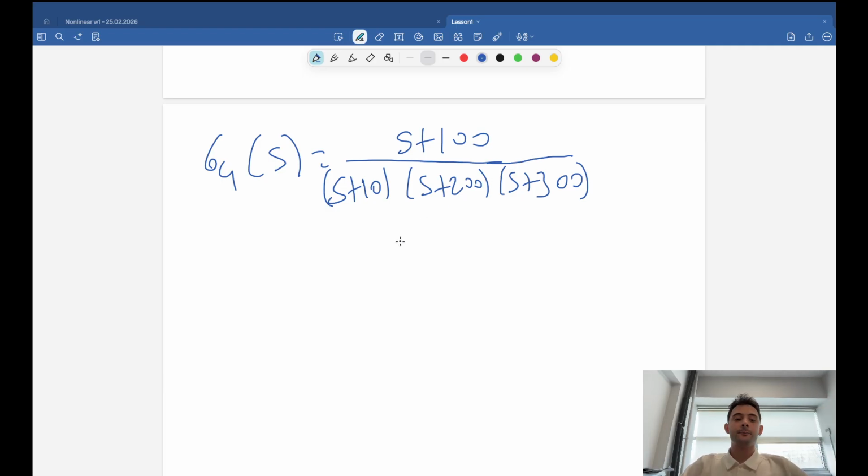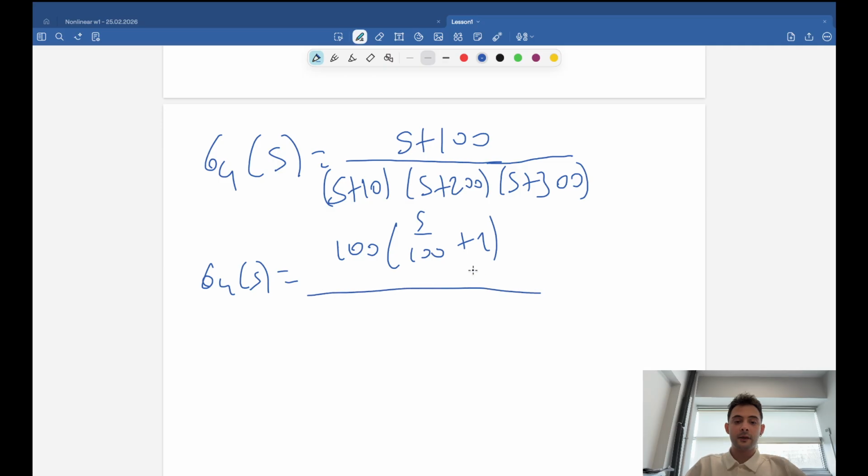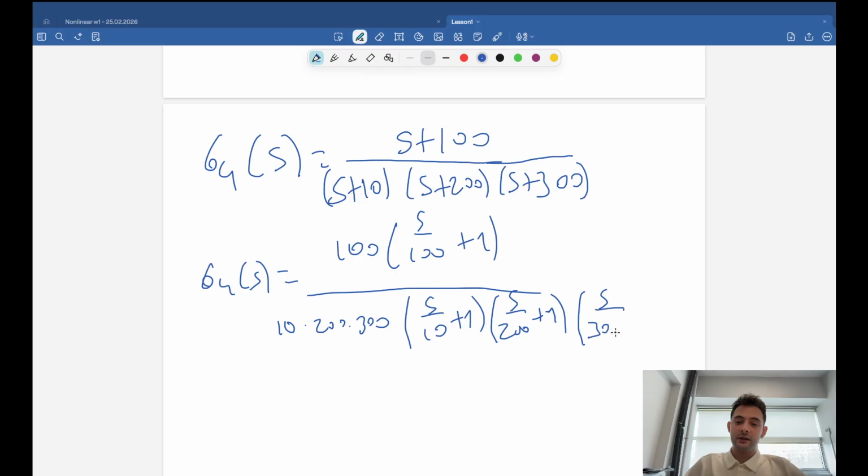So let's go into G4(S) equals 100 times S over 100 plus 1, all right? And at the bottom, we will have 10 times 200 times 300 times S over 10 plus 1, S over 200 plus 1, and S over 300 plus 1.